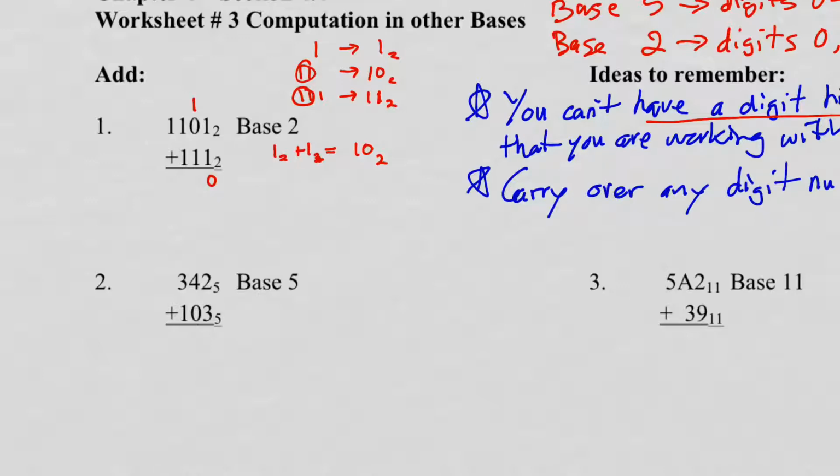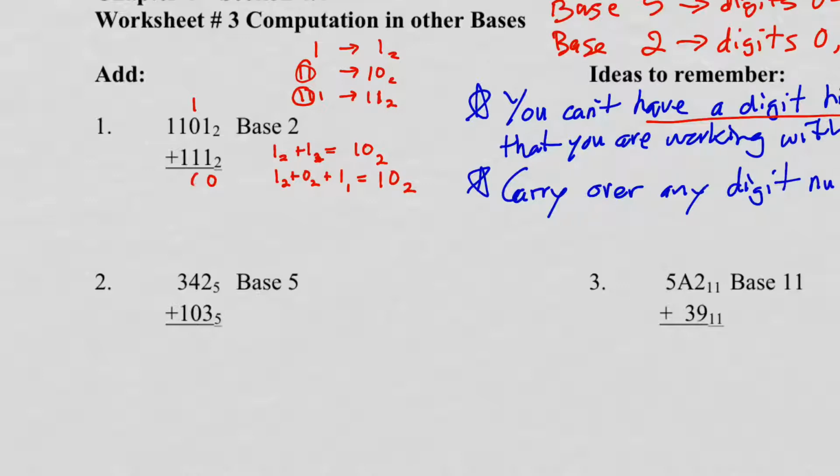Then we have another column to add up. Technically we have 1 plus 0 plus 1, which is again 2 items as far as quantity, but in base 2 you can't write 2 because you've maxed it out. So we have 1 set of 2's, no remainder.